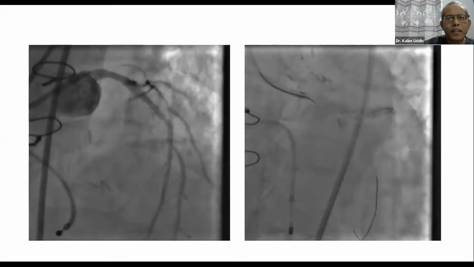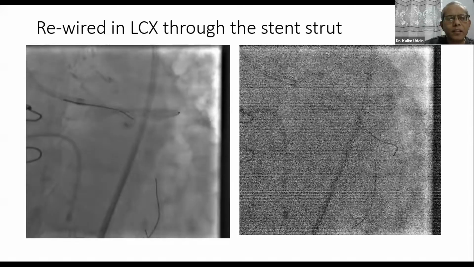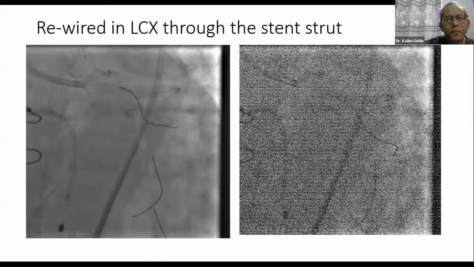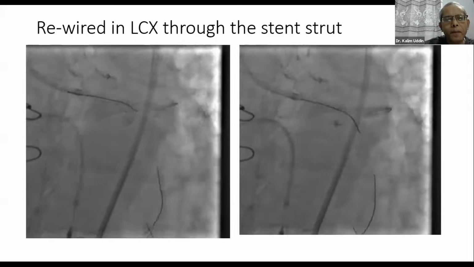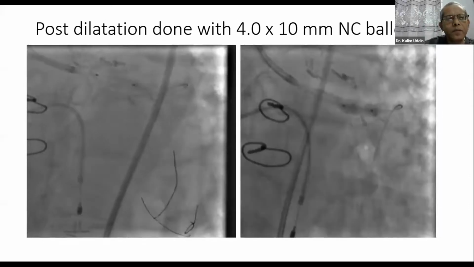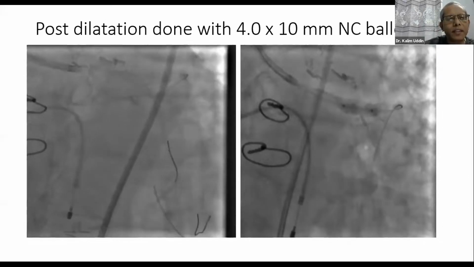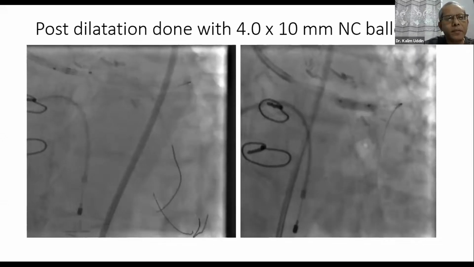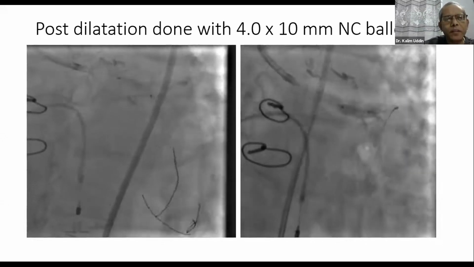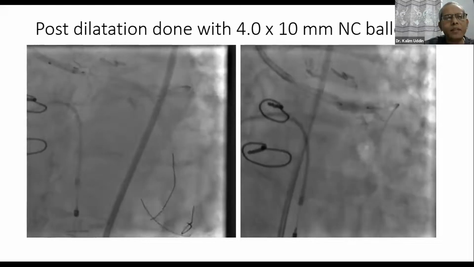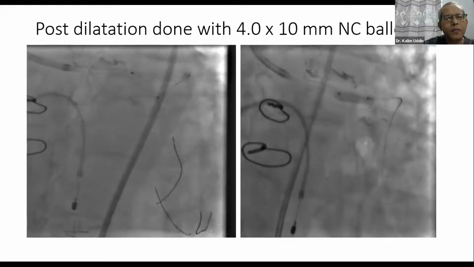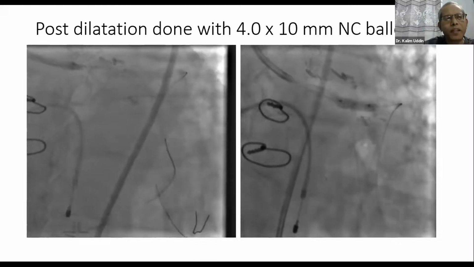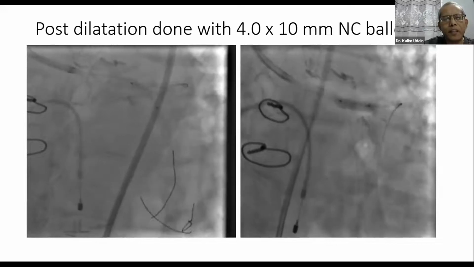We rewired the LCX through the stent struts and saw that the stent strut is open, as evidenced by the balloon moving freely. Then we removed the jailed wire, and post dilation was done with a 4 into 10 millimeter non-compliant balloon.